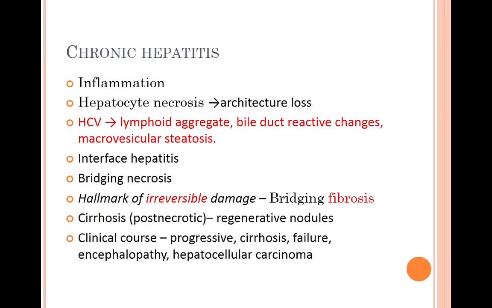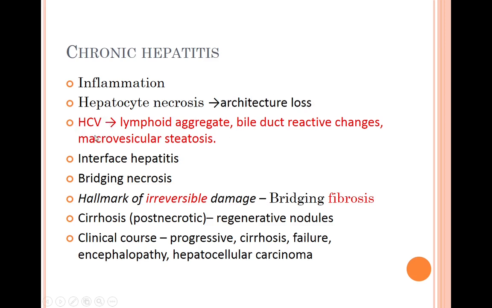Now, another thing which can come as a question for you is the features of chronic hepatitis, or they may specifically ask features of hepatitis C virus, because hepatitis C virus has specific features. Okay, so inflammation is common to both. Hepatocyte necrosis and architectural loss happens only when chronicity sets in. Architecture is lost only when chronicity sets in.